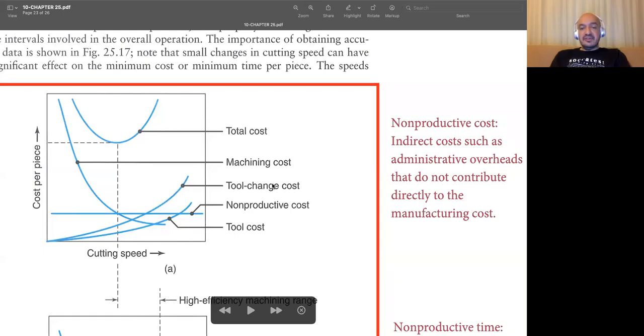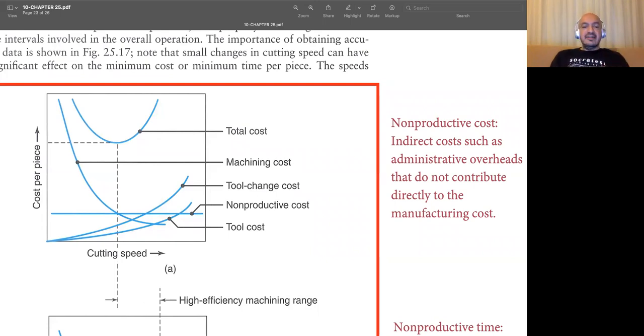And this tool change cost is somehow similar to the tool cost. Once you frequently change the tool, that means you have more idle time of your machine, since while you are changing the tool, your machine will not be able to do machining, and your idle time will be increasing.